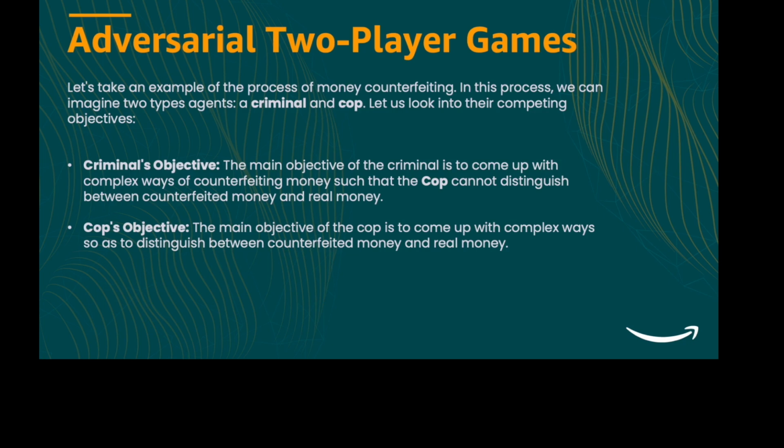So both have totally opposite objectives. The criminal is trying to counterfeit the money, and the cop is trying to distinguish whether it's a real note or a fake note, right?